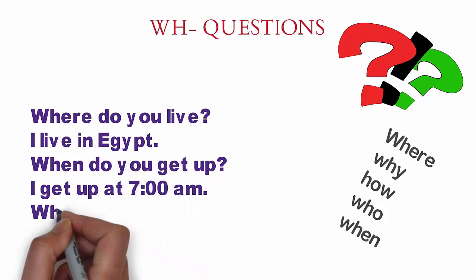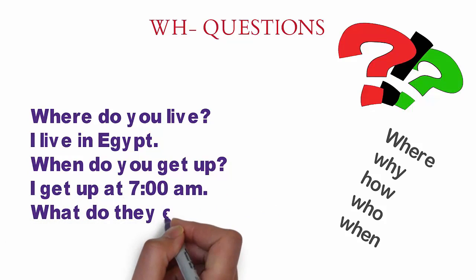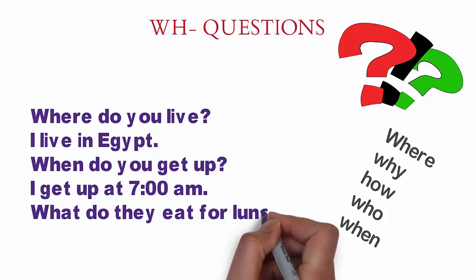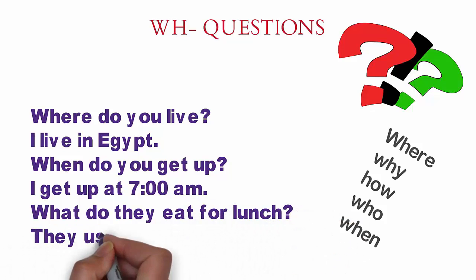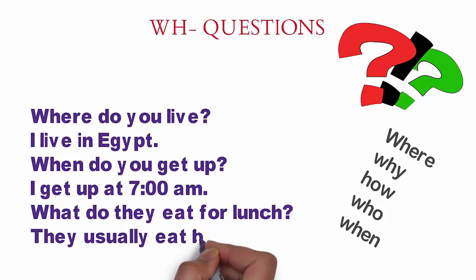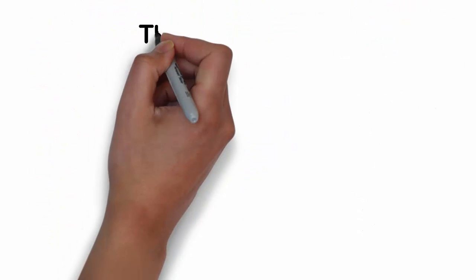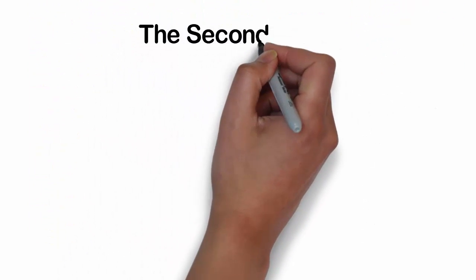I get up at 7 o'clock. What do they eat for lunch? They usually eat burgers. Easy, okay? So now it's time for you to try your own examples. Okay, that was it for the first team. What about the second team?